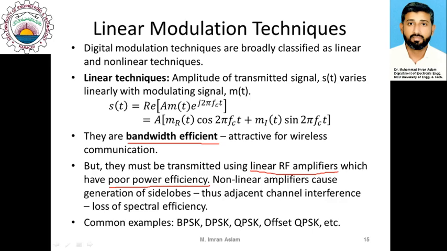So eventually the overall performance gets degraded whenever we use non-linear amplifiers, and if we restrict ourselves to the linear amplifier, then we can only have a limited amount of power efficiency, which is very poor for wireless communications.